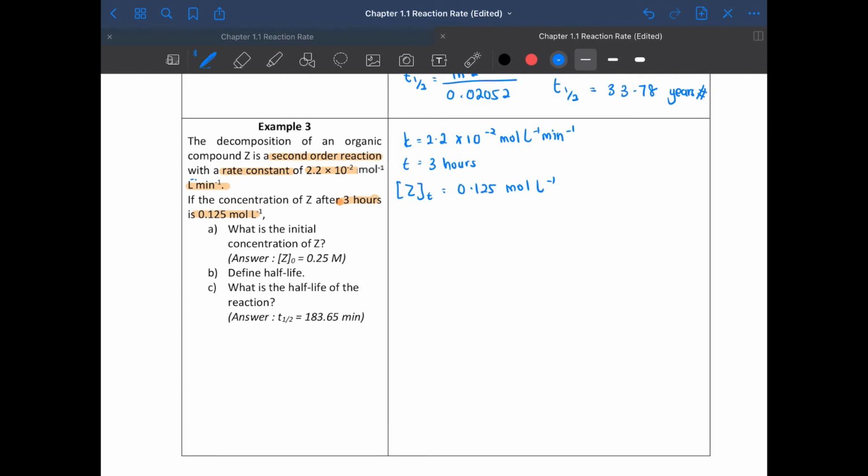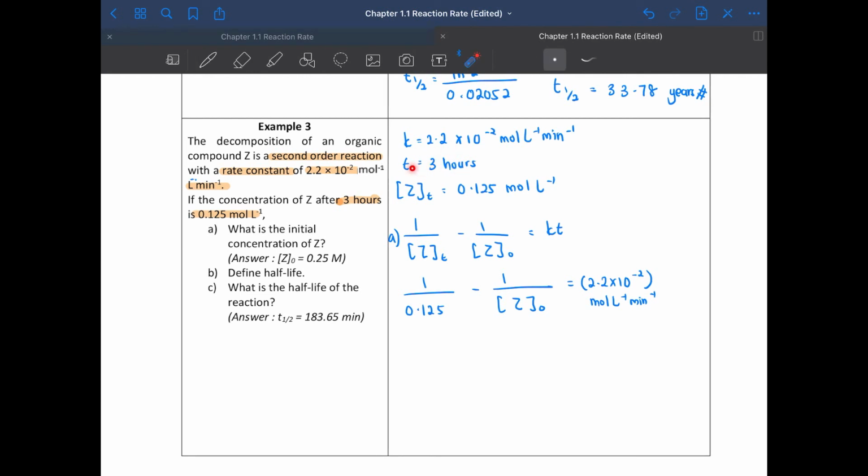So kita nak cari initial concentration Z0. This is second order, so we need to use this formula. 1 over ZT minus 1 over Z0 equal to KT. So 1 over ZT as given in the question is 0.125 minus with 1 over Z0 is the one that we want to find, and K kita is 2.2 exponent -2 mole per liter per minute, and then for our time is 3 hours.